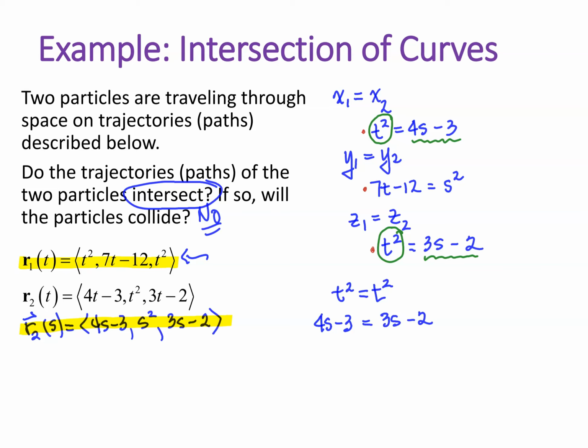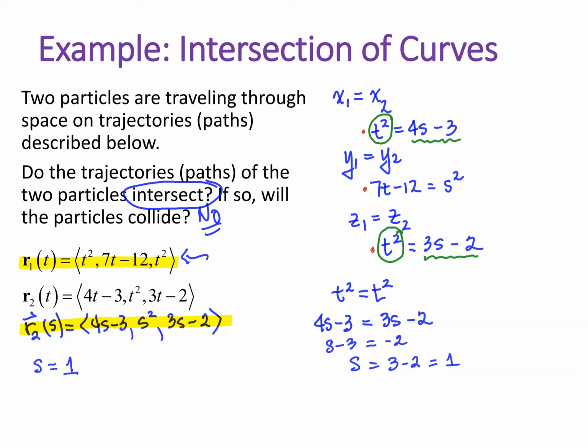Subtracting 3s from both sides, we're left with s minus 3 on the left and negative 2 on the right. Adding 3 to both sides gives us s equal to 3 minus 2, or 1. So now we have a projected value for s. We think that s should equal 1.